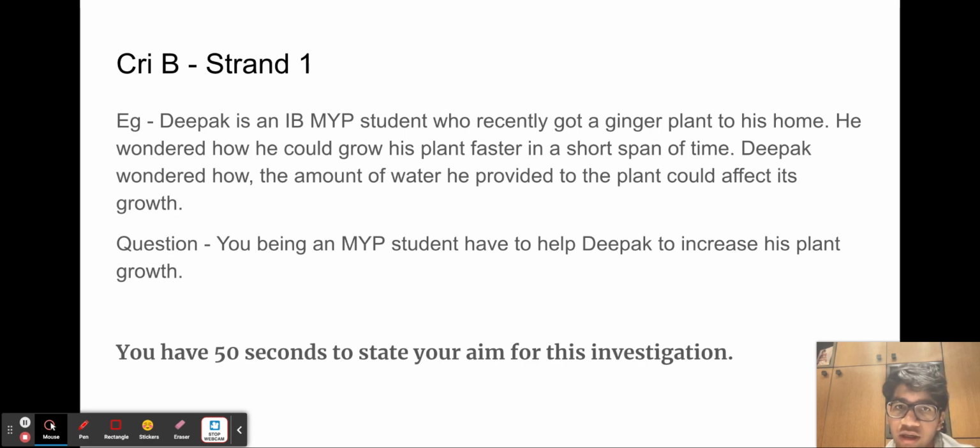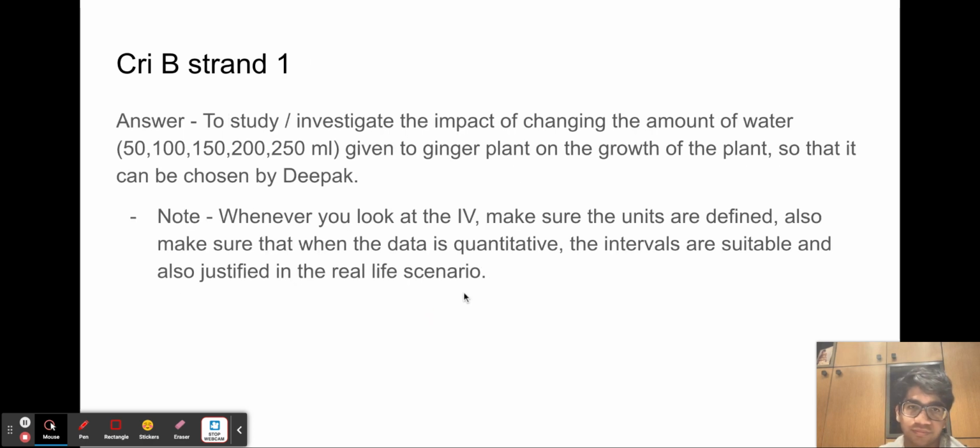And the CV here can be the sunlight, because that is one of the factors that affect photosynthesis. Another CV could be the temperature of water provided, as that may also be an important factor, and the rate of transpiration. So these are the different IVs, CVs, and DVs that you can tell.